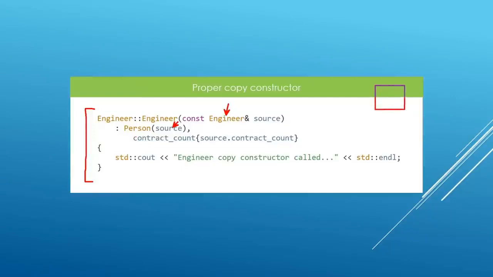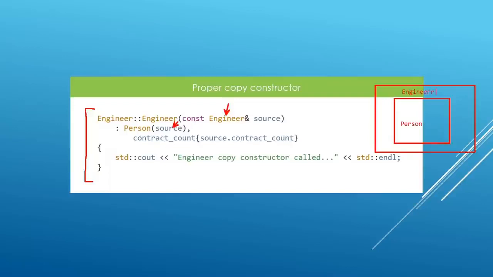And what the compiler is going to do is really smart. Suppose our engineer object is made up of two layers. The inner layer is going to be containing the information about the person part of us, and the outer layer is going to be containing the engineer part of us. Okay, so this is the setup we have. So the compiler is going to see that we are passing in an engineer object to initialize a person object, and what it is going to do is really smart.